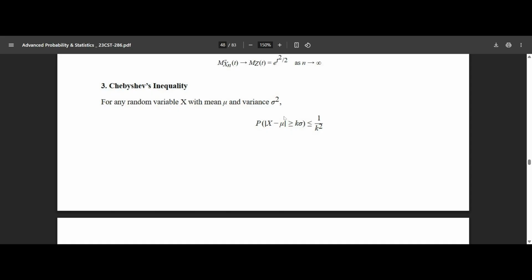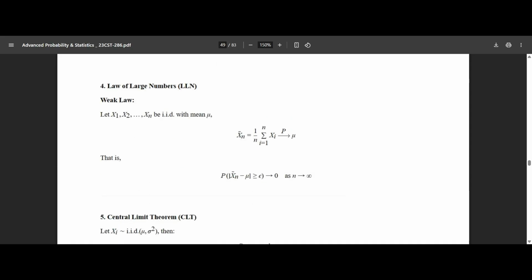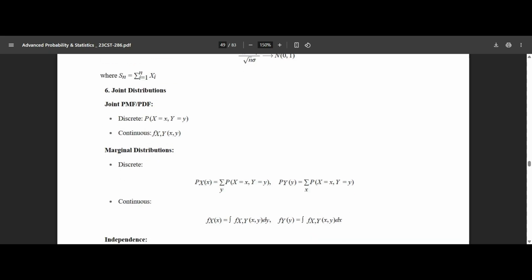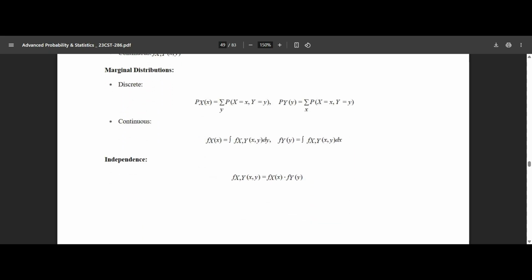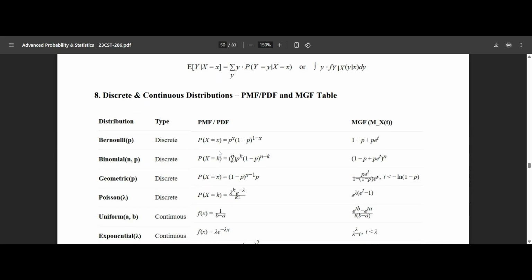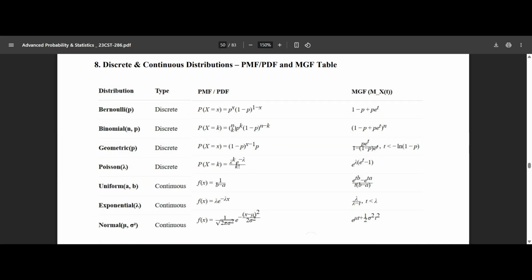Then we studied Chebyshev's inequality. Then law of large numbers, central limit theorem, joint PMF PDF marginal distributions, as well as independence. Finally, conditional distributions and expectation, and discrete and continuous distributions, PMF, PDF, and MGF table.